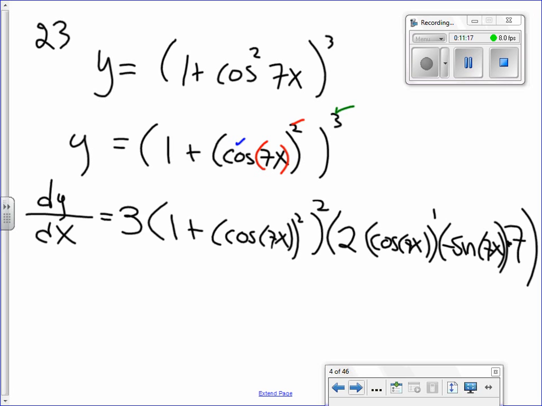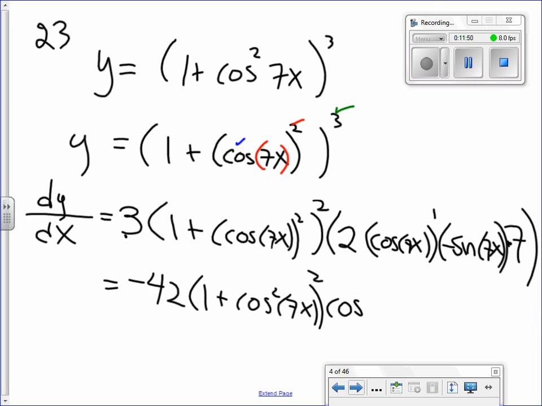I would multiply the 3, the 2, the negative, and the 7, all the constants, and put them out front. 3 times 2 times negative 1 times 7, I would write as negative 42 out front. Everything else is the same: you can leave the 1 plus cos squared of 7x, the cosine of 7x, and the sine of 7x.